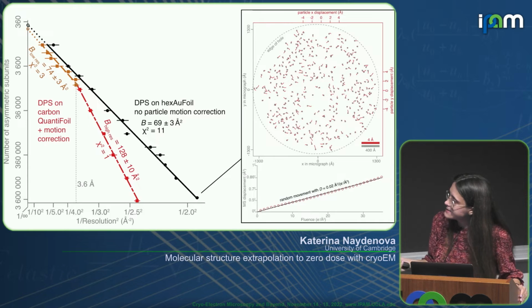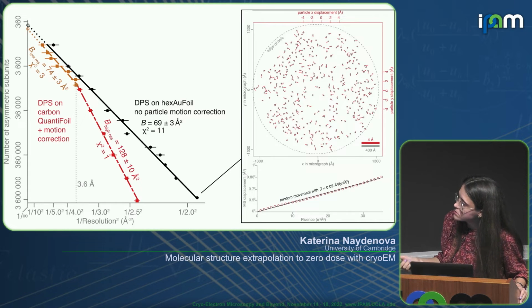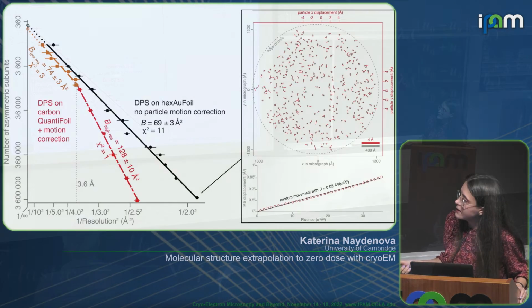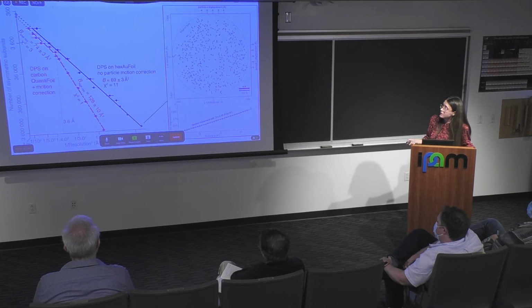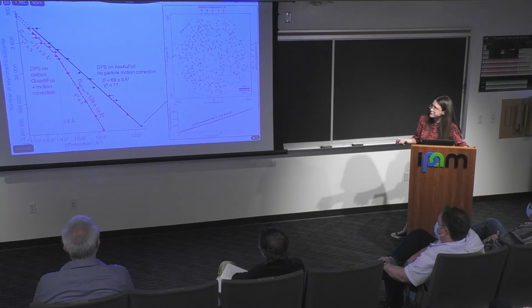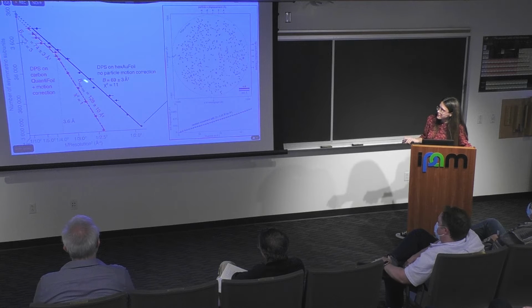So here we've collected the same specimen on 2 supports, the Hexafoil and a carbon foil. In one case, we have applied no per particle motion correction and obtained the sub-2 reconstruction and calculated the Rosenthal-Henderson B factor. In the other case, we've applied all the possible motion corrections and obtained the red transitioning to brown Rosenthal plot.